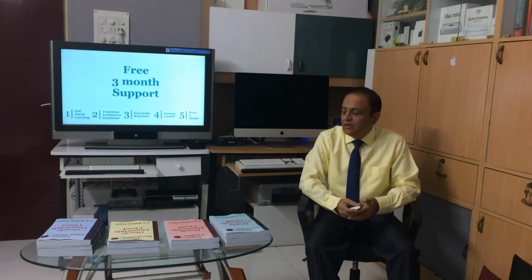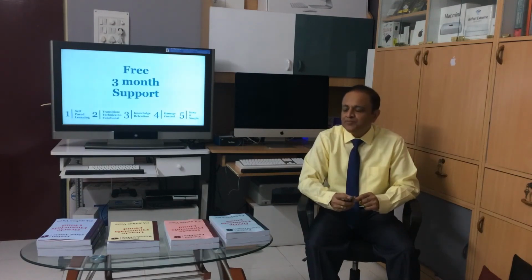This book set comes with 3-month support. As I told you, the book set contains steps for setups and transaction flows of actually successfully executed examples.